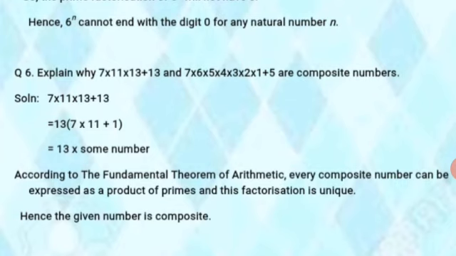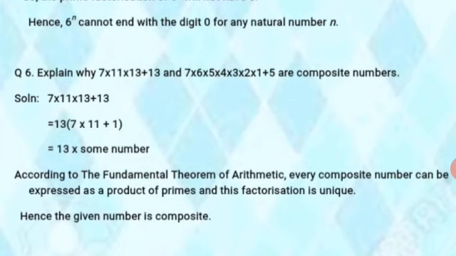So we can easily say that this number is a composite number because composite numbers are multiples of 2 or more prime numbers. Here, according to the fundamental theorem of arithmetic, every composite number can be expressed as a product of primes.